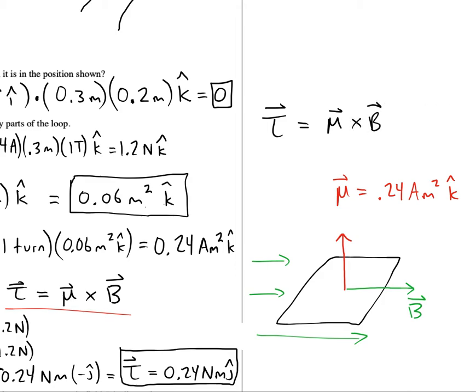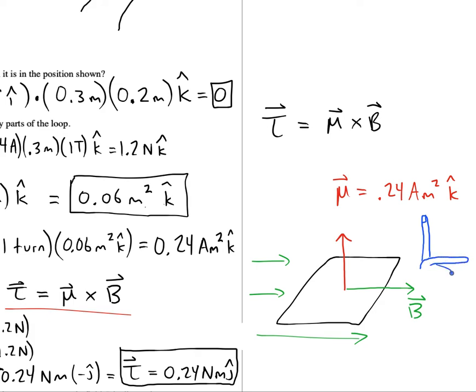So use your right hand rule. Have your pointer finger point up. And then have your middle finger go to the right. So it kind of looks like this.